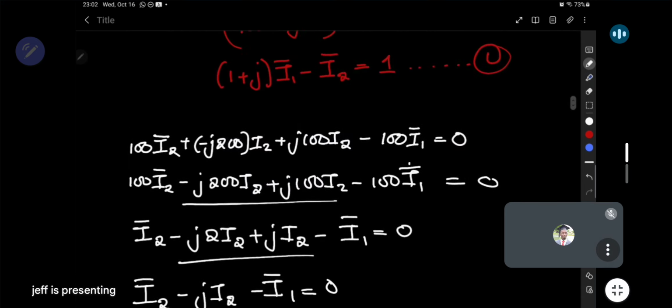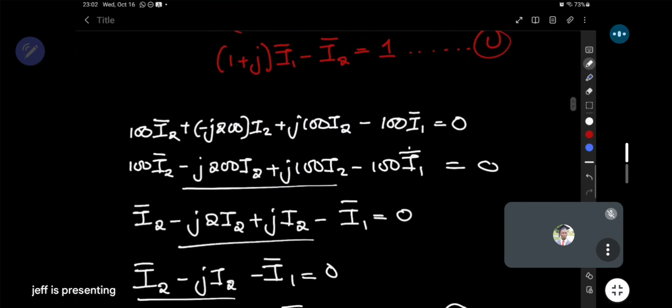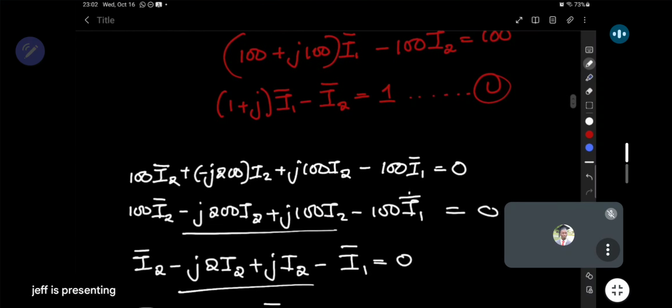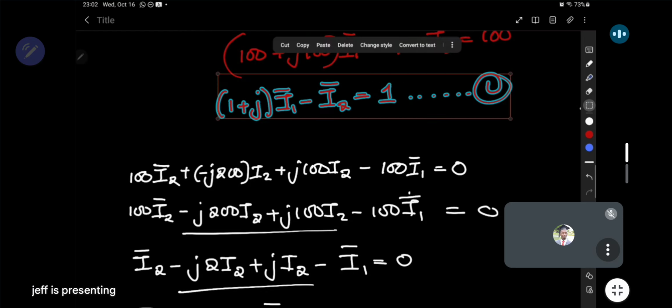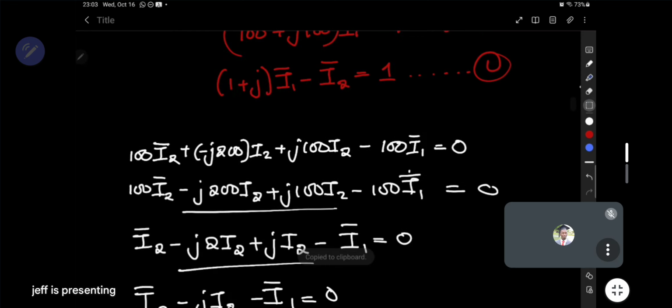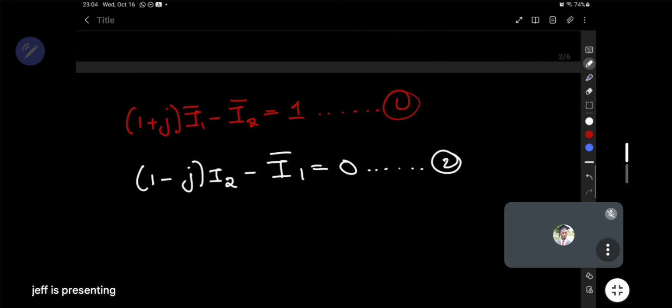Now, how do you solve these expressions? In most cases, you can try to use Cramer's rule. Usually Cramer's rule is what you'd want to use here. So equation 2 here can be rearranged so that I1 comes first.